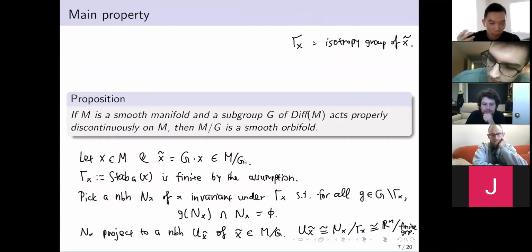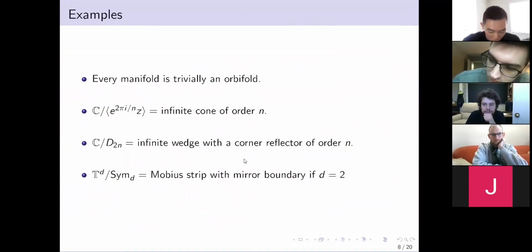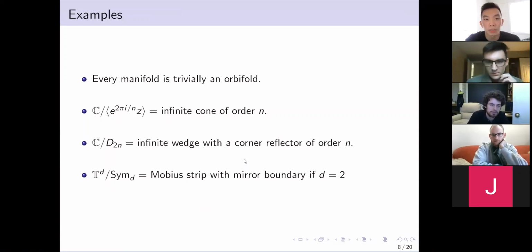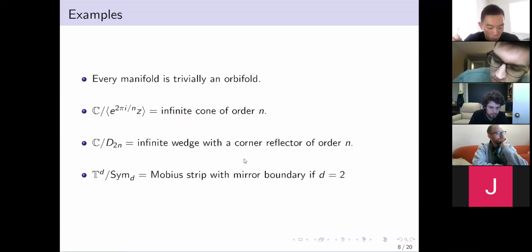With this result, I can generate some easy examples. Obviously, every manifold is trivially an orbifold, where every point has an isotropy group that is trivial. So every point is locally homeomorphic to Rn. And then if we look at, let's say, the complex plane modulo rotations of order n, we're still going to get a cone, but with this cone, we have an associated angle as well.